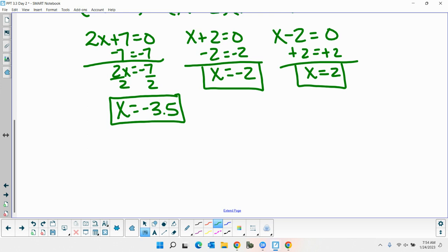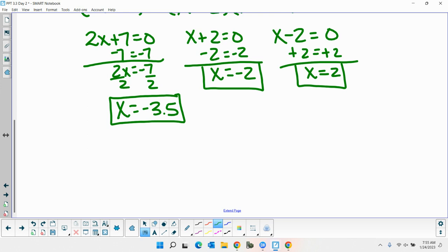So answers for last night, numbers 1 to 6. 3 is one of our zeros, and it works twice, or has a multiplicity of 2. So if it works more than once, put a 2 next to it in parentheses, telling me that it works twice. Negative 5 works once. Like all these just worked once, right? There was no multiplicity.